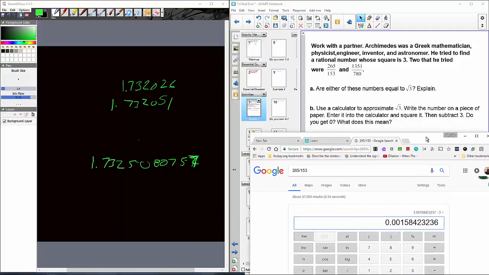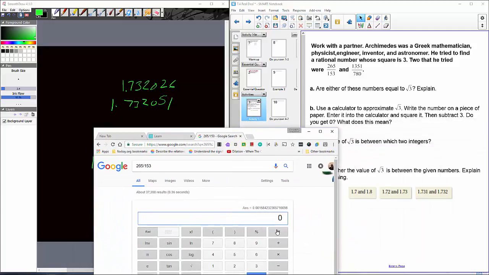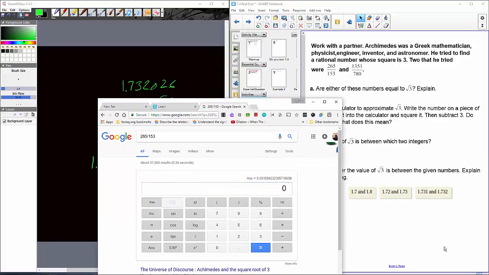Let's just take the upper end of these things. The upper end would be like 1.732, and if I square that, my number is not even big enough. It's not even 3 yet, right?